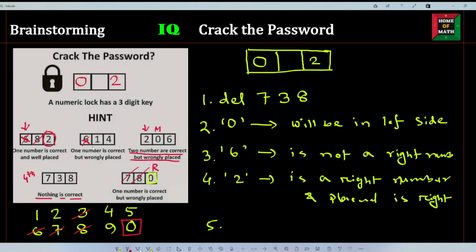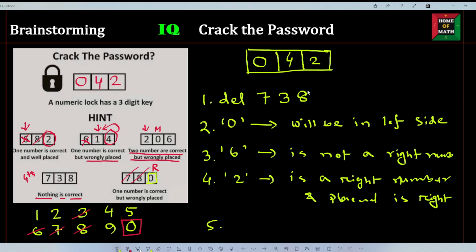Why? Because we already out 6 and here we saw 1 number is correct and wrongly placed. So it should not be 1 because 1 is in the middle part, but the middle part is not a correct place because here it is written wrongly placed. So obviously the right answer is 4 and it should be in the middle part. So here is 4 and we can write here 4.